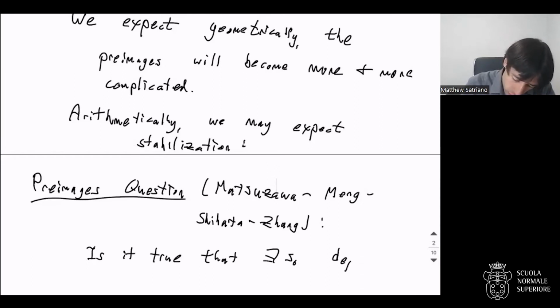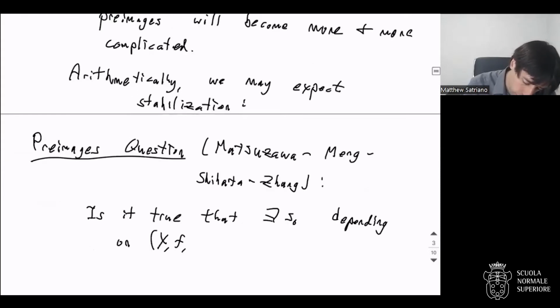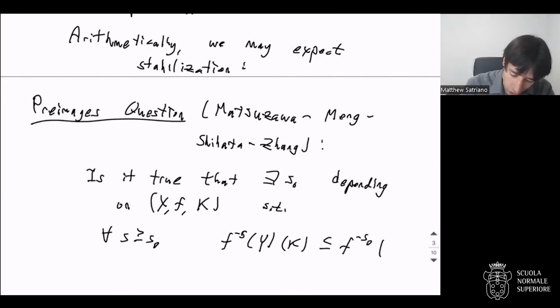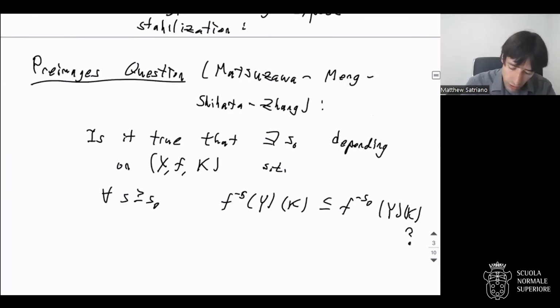So depending on X, f, and of course the number field, such that for all s bigger than or equal to s_0, the K-rational points of the s-th preimage are contained in the s_0-th preimage's K-rational points. So that was their question.